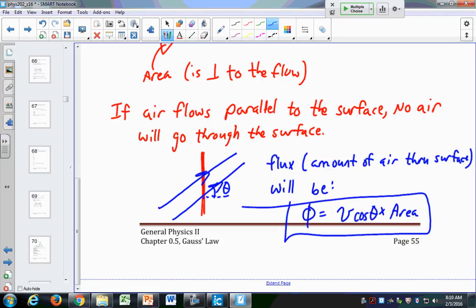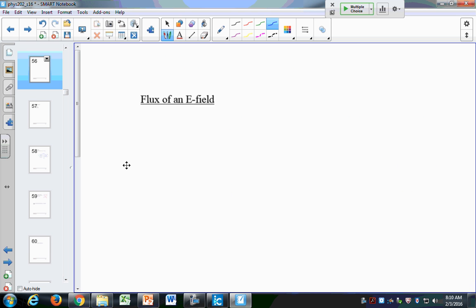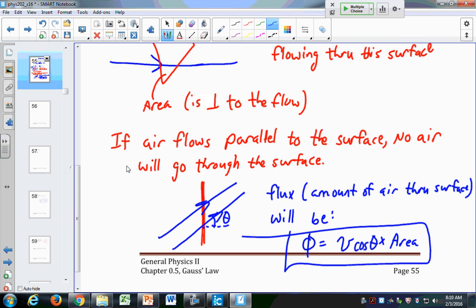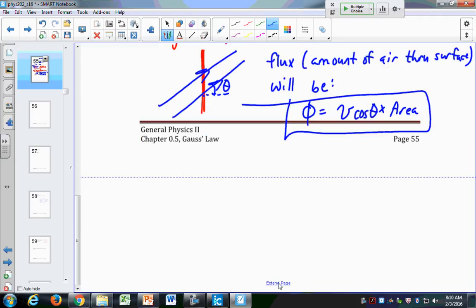And here I'm talking where V is like my field lines, but when we get to Gauss's law for electric field lines, we'll use our electric field. We'll just replace V now with the electric field. All right. We can also express the area as a vector.